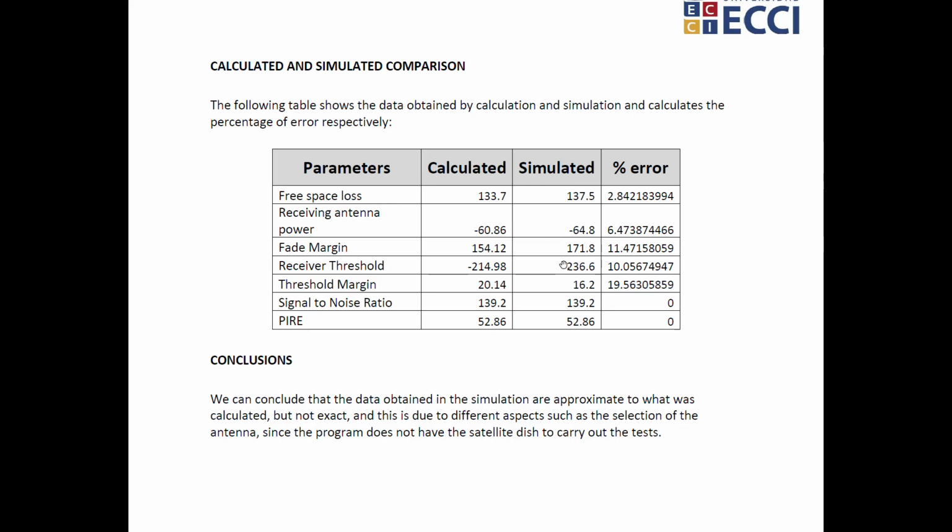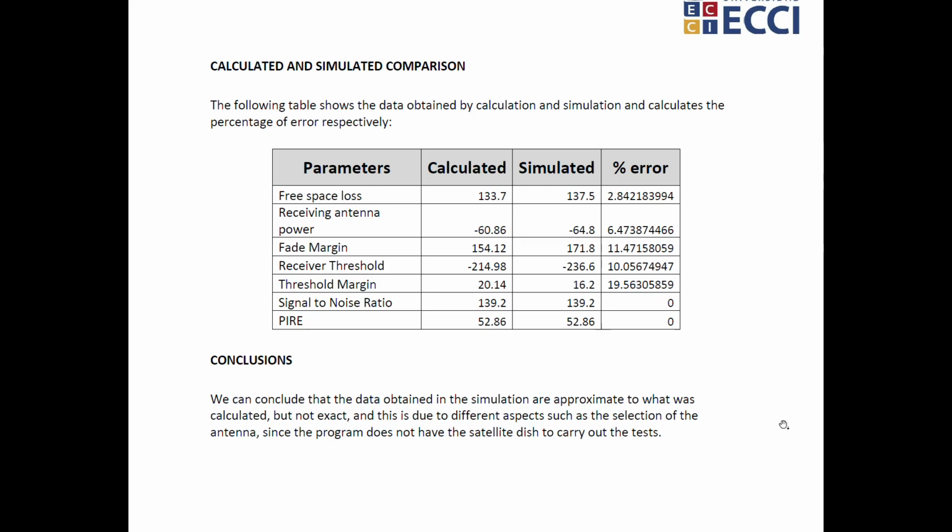So we can see some difference, but this is one of the conclusions for this work: the data obtained in the simulation are approximate to what was calculated, but not exact, as we can see in this comparison.